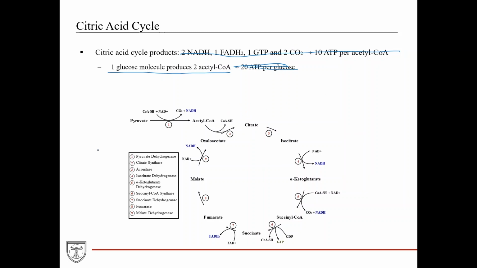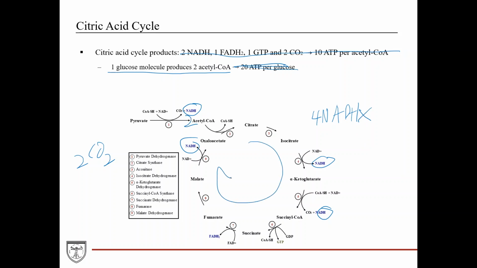Yes, you do produce 2 CO2, but that's not as important as you have 1, 2, 3, 4 NADH. So you have 4 NADH. Now, like I said, one glucose molecule produces 2 acetyl-CoA. So you end up getting twice of this because you're going to do 2 rounds of the citric acid cycle.